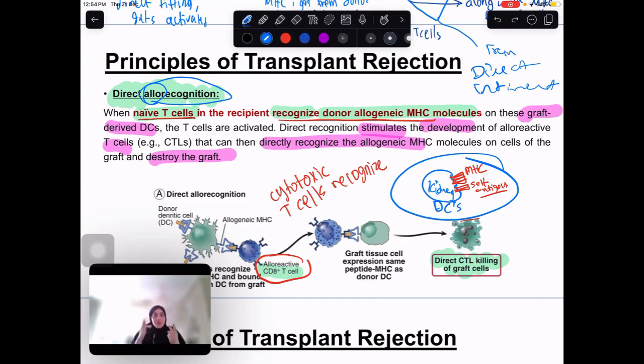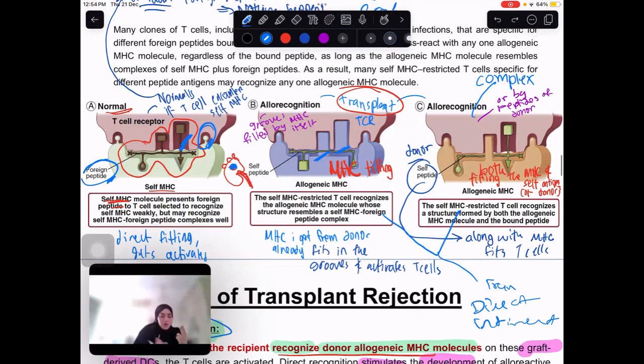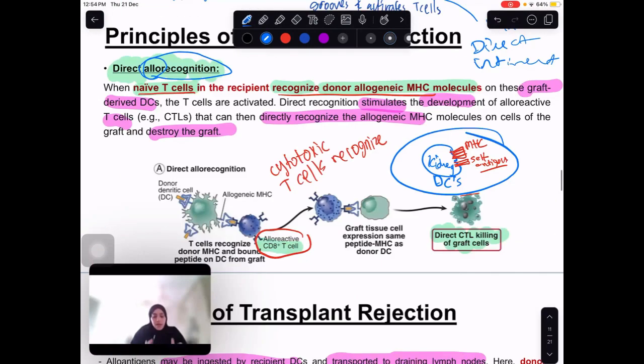Normally, as we can see here, it recognizes the MHC as well as the peptide. But here, once it recognized the MHC, that was enough for it to tell me, okay, you are foreign.